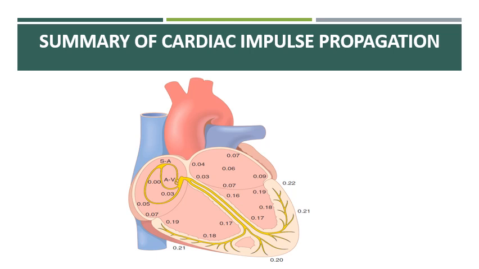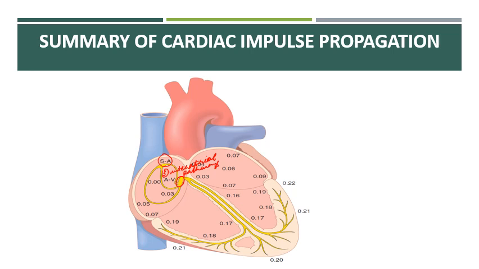As we mentioned, the impulse generated in the SA node passes through three interatrial pathways to the AV node.